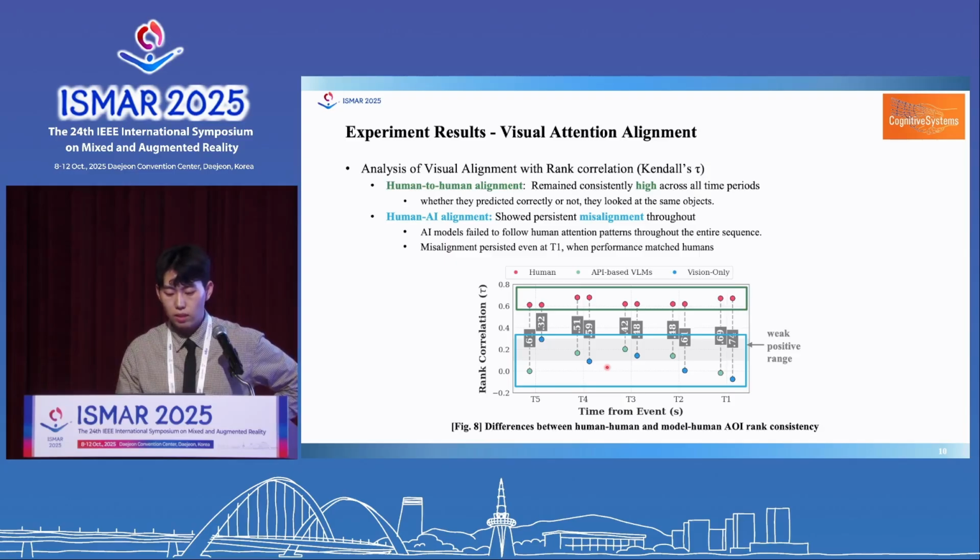But here you can see that the correlation does not follow the same pattern as accuracy. In detail, humans were remarkably consistent with high correlations, whether they predicted correctly or not. But the AI failed to follow human attention at all. Even in the closest period, T1, when their performance matched the human, they were looking somewhere completely different.